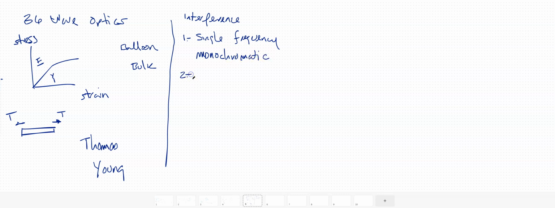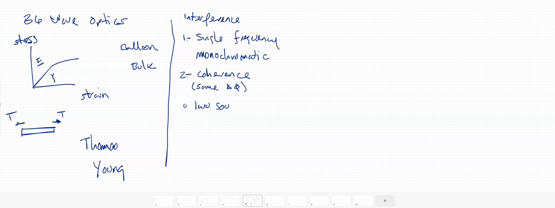Number two, you are also going to need something called coherence. And what this means is the same delta phi. Of course, you're going to need two sources. Actually, no, I'm going to put it here.